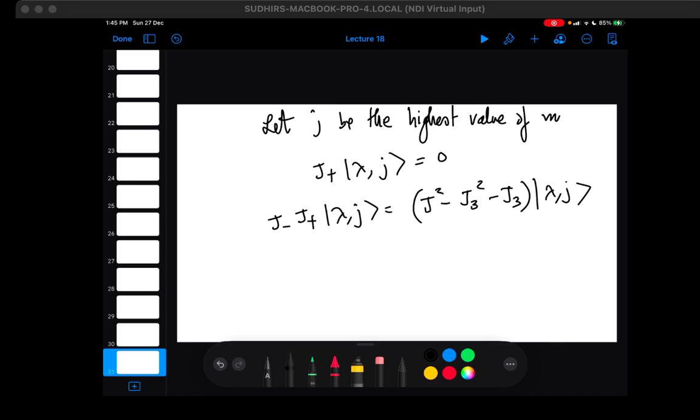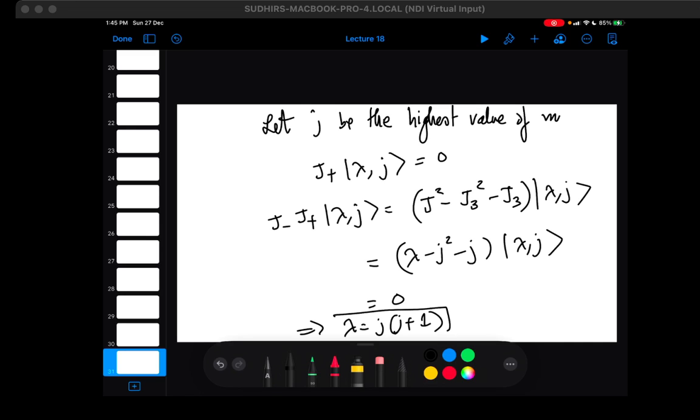Now you can see what these conditions are: essentially λ minus j square minus j acting on |λ, j⟩. Now this entire thing is equivalent to 0, so this means λ is equal to j into j plus 1.